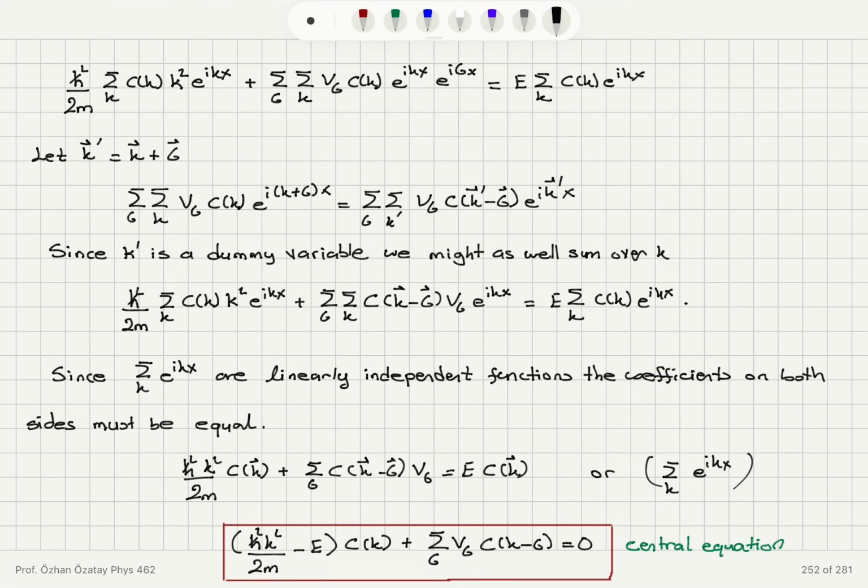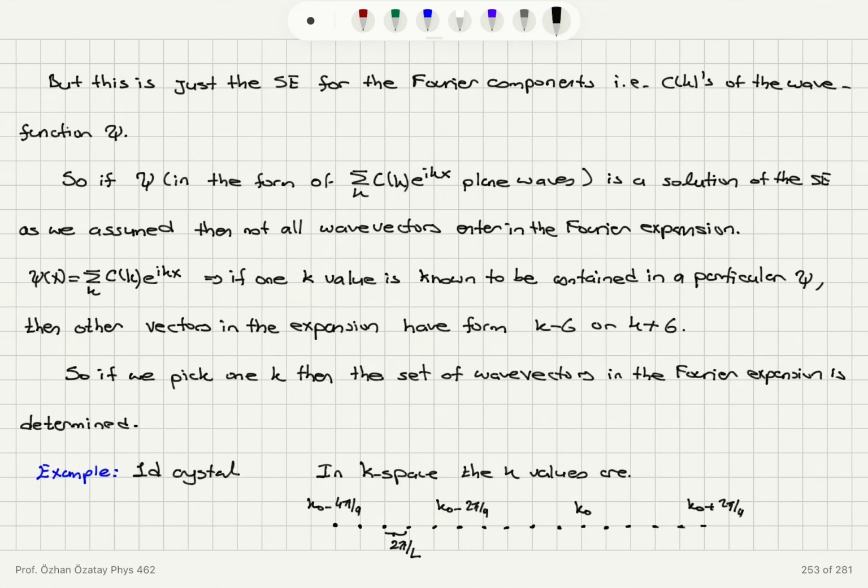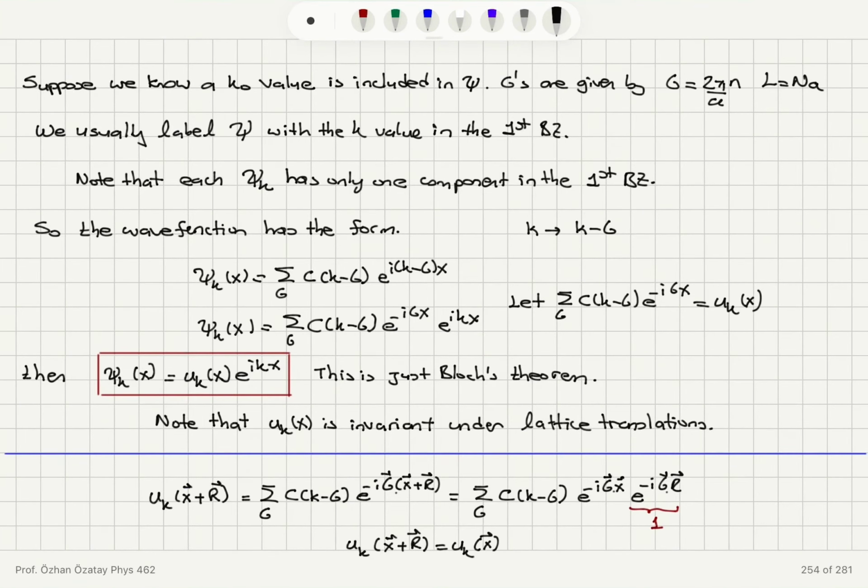So if you know one k value for a wave function, then all the other k values will have the form plus or minus reciprocal lattice vectors. So this central equation gives us basically the following result.